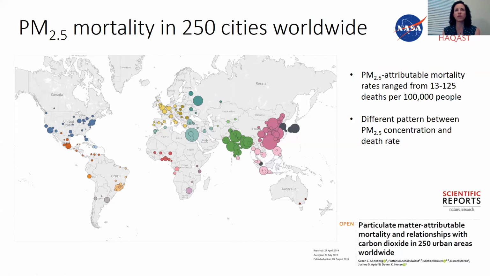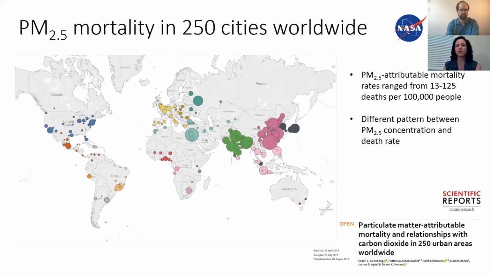I'm Susan Anenberg from the George Washington University Milken Institute School of Public Health. First, here I'm showing PM2.5 mortality in 250 cities worldwide. And this is really the first snapshot that we've had of the health impacts of air pollution across hundreds of cities on a worldwide basis in a manner that is globally consistent and compatible with the Global Burden of Disease study.